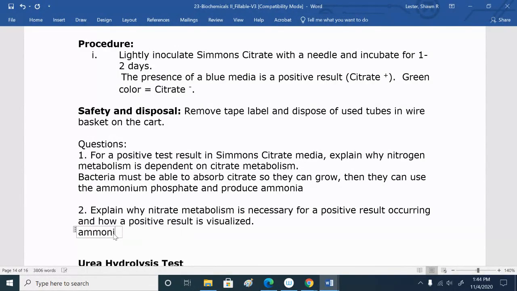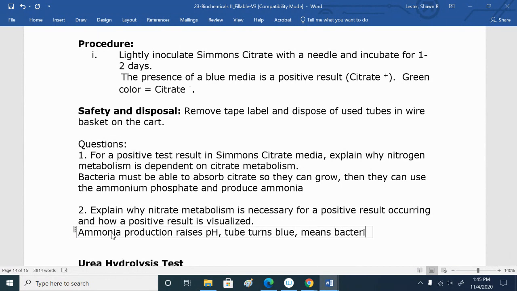Because then you can see the change in the pH. Yep. Right, the ammonia production raises the pH. Right, the tube turns blue.